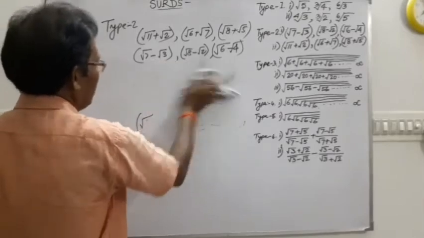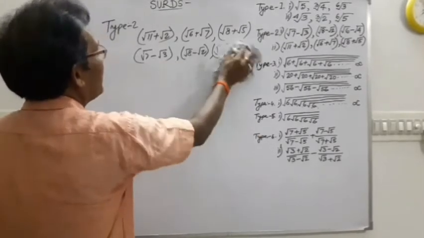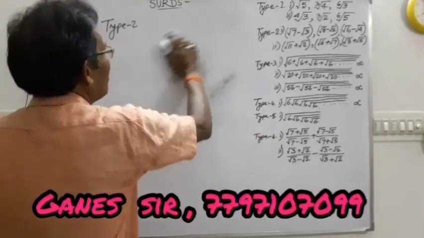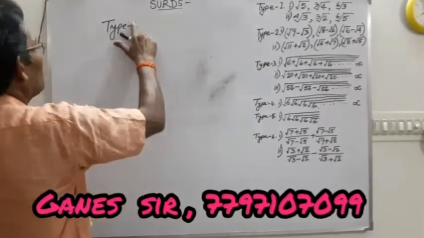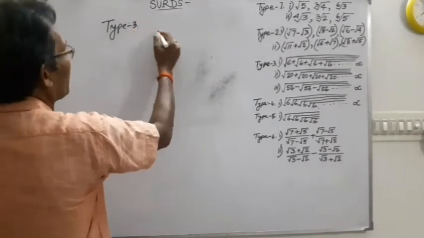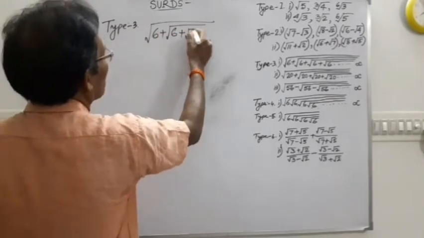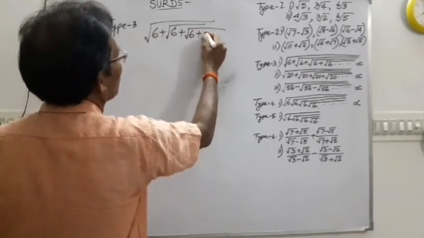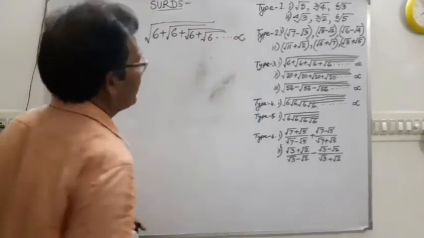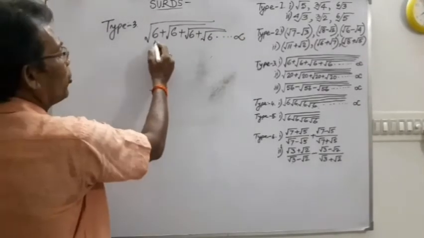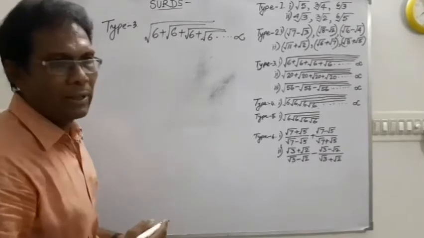Now type 3. Root 6 plus root 6 plus root 6 plus root 6, continuing. In this case, first we find the factors of 6.